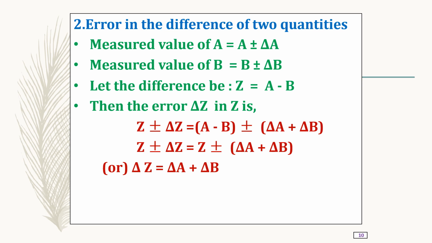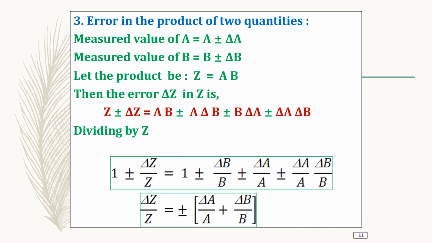Errors in the product of two quantities. Let delta A and delta B be the absolute errors in the two quantities A and B. Then the product is Z equal to AB.